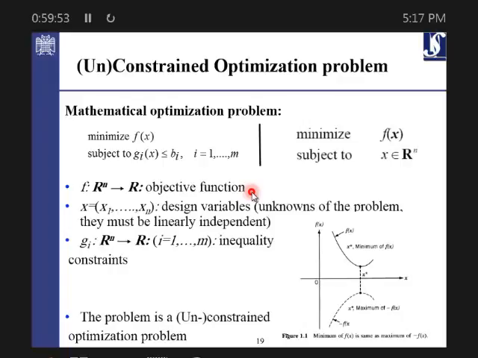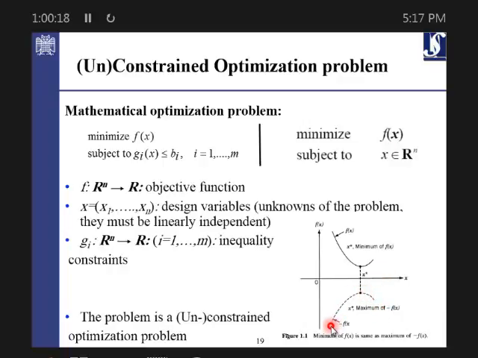We have two types of optimization problems in general: constrained versus unconstrained. When we say unconstrained, you just want, for example, to minimize or maximize. It doesn't differ. Something that is minimized, which is normally the basis, or the negative of that function, would be maximized.